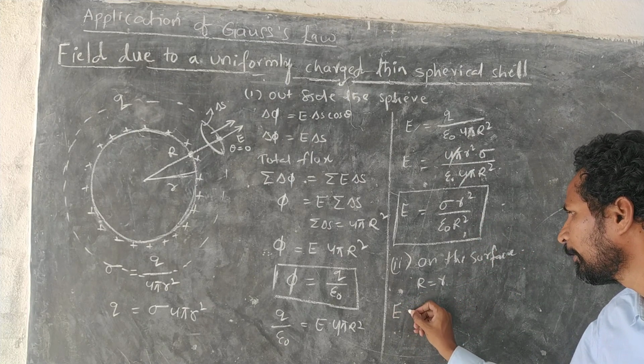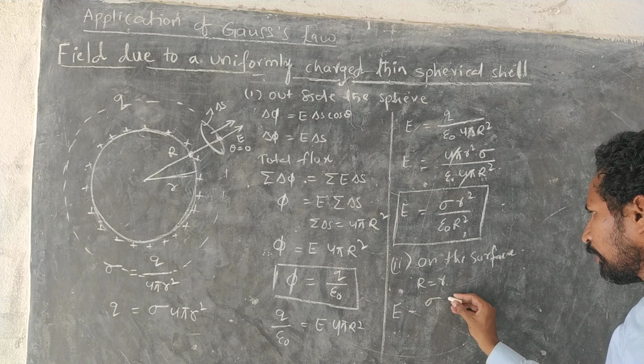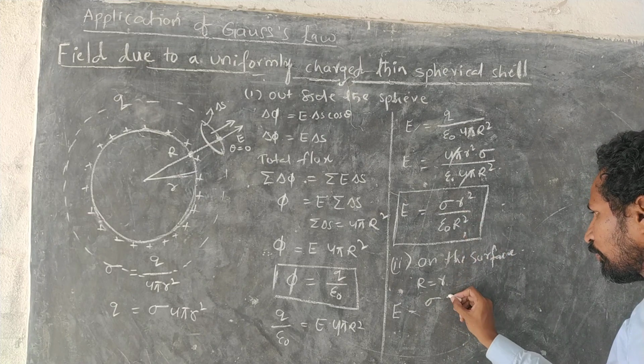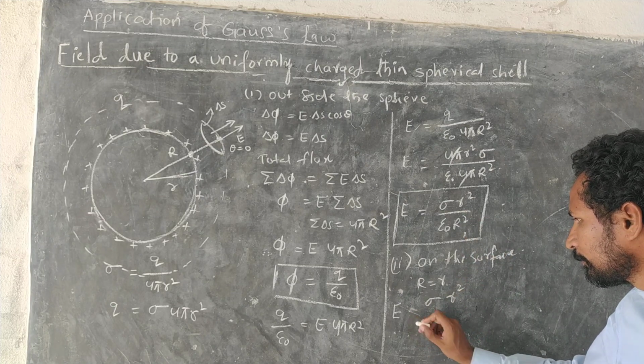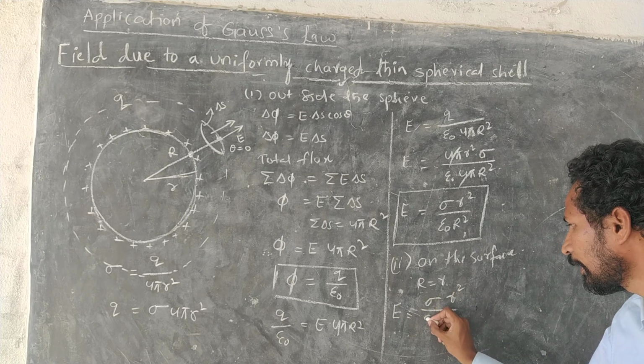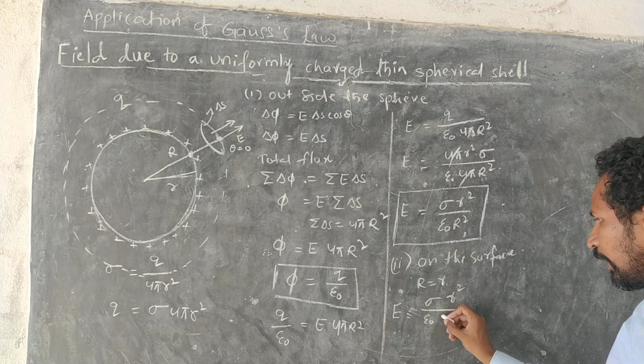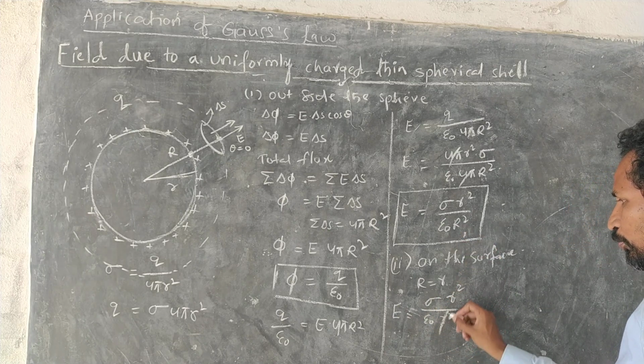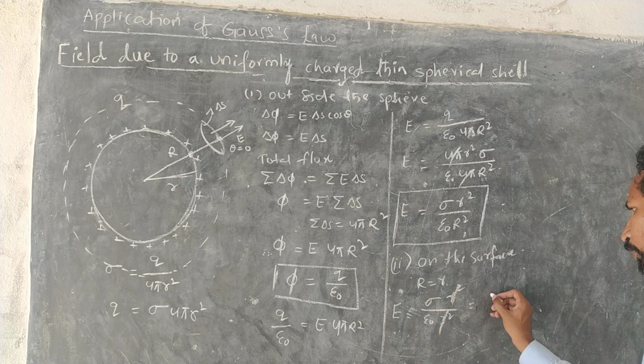Then E will be sigma small r square as it is, epsilon naught as it is. Instead of capital R, write small r. These two will be cancelled. This is equal to sigma by epsilon naught.